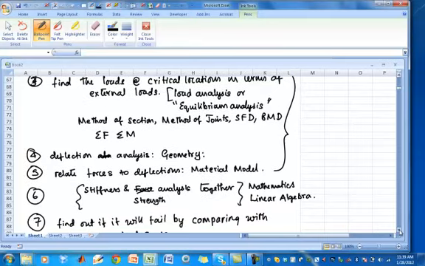Fifth thing is relate forces to deflections. This is called material models. Sixth is do analysis to now find out how the actual forces and actual deflections of the bar are going to be, and then compare it with standard tests and experiments in order to find out whether it will fail.